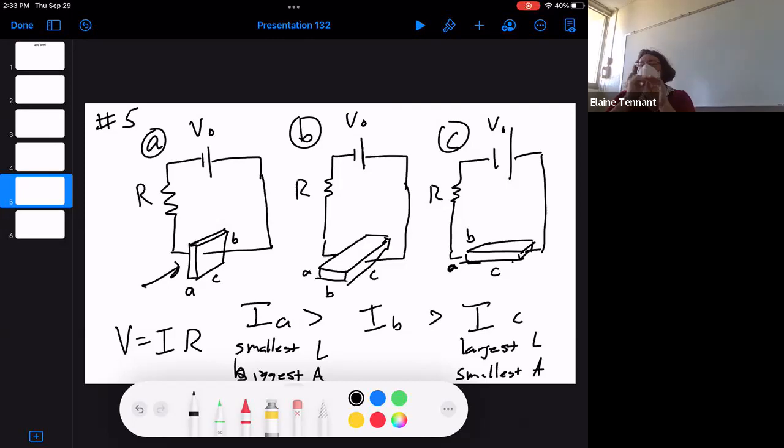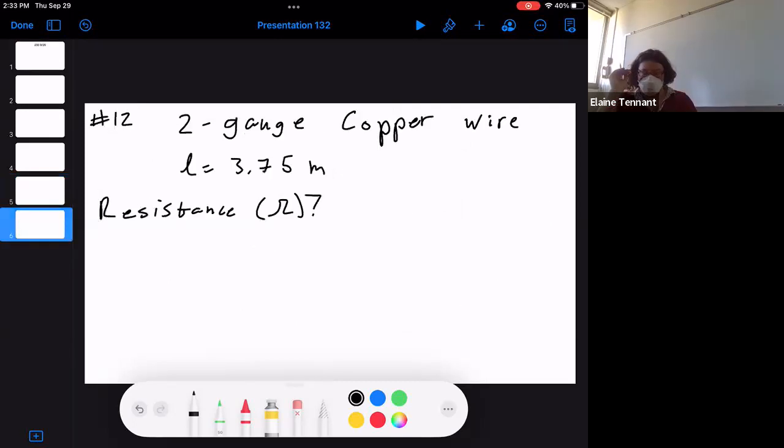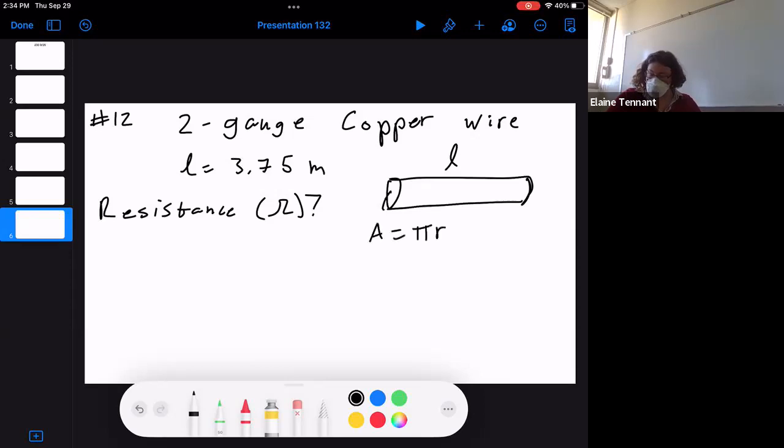Let's just be clear. I want a cylinder. I'm sure you probably thought that was obvious, but I want to make it obvious because what that tells you is that the cross-sectional area is always going to be the cross-section of a circle. So whenever you're thinking of the area, always be thinking pi r squared.